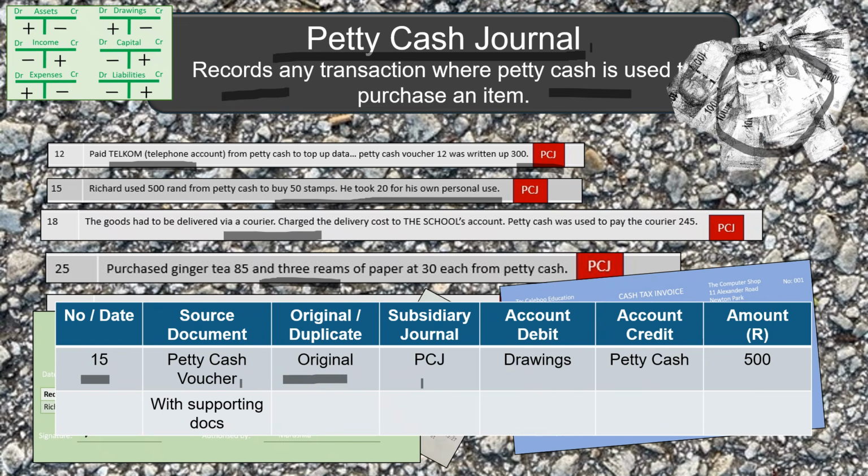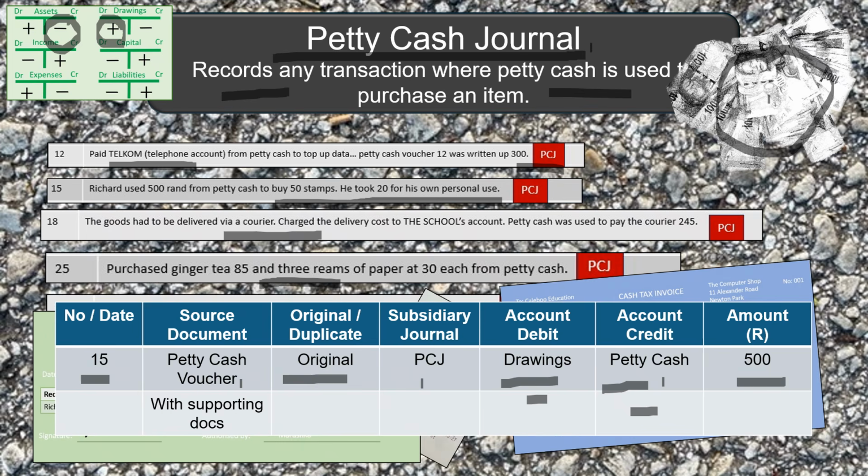The information is recorded in the petty cash journal. Account debit here is drawings. An increase in drawings, the rule says debit. And what happened to the bank balance? No, the petty cash balance, which is an asset. The petty cash balance went down. Decrease in assets, the account must credit it, and the amount is 500. So that's just one example there of the petty cash journal.